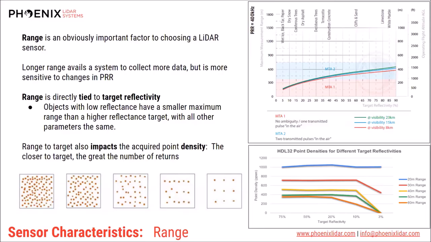The longer range you have towards a target, the more these different characteristics can come into play, especially pulse repetition rate. If you think of a 100-meter scan with a given pulse repetition rate compared to a 1,000-meter scan at the same rate, your point spacing is going to be much different. Your ability to capture various features will differ.